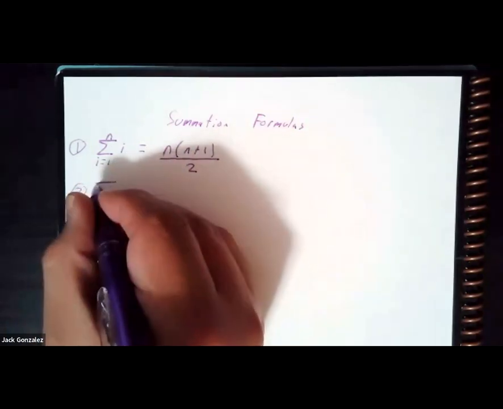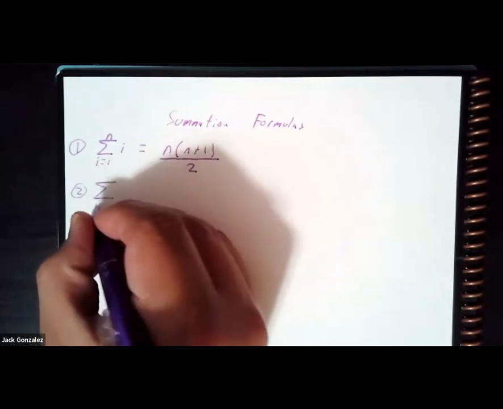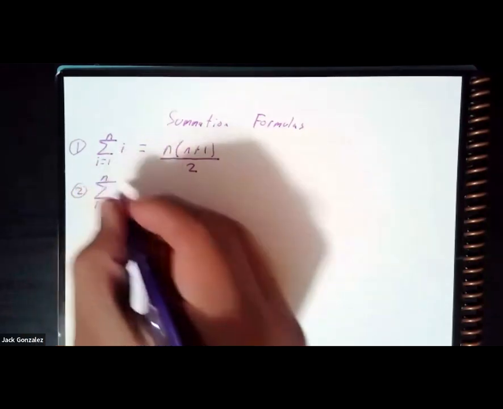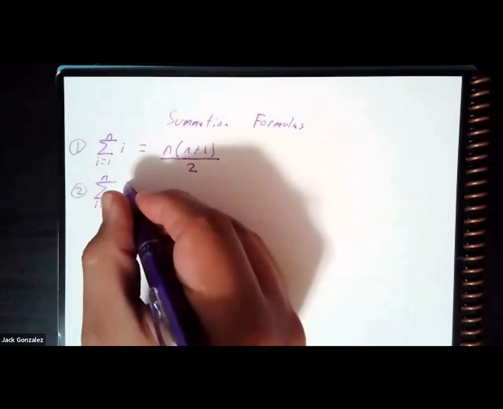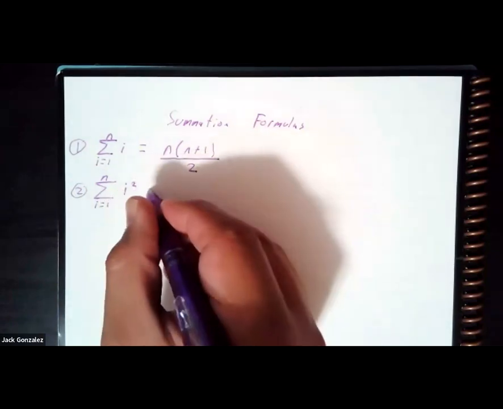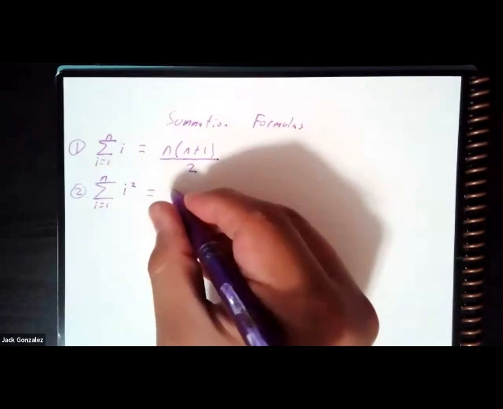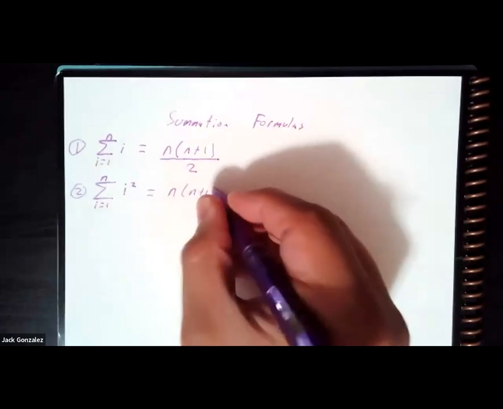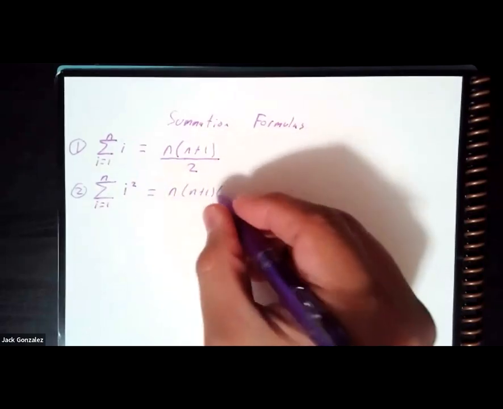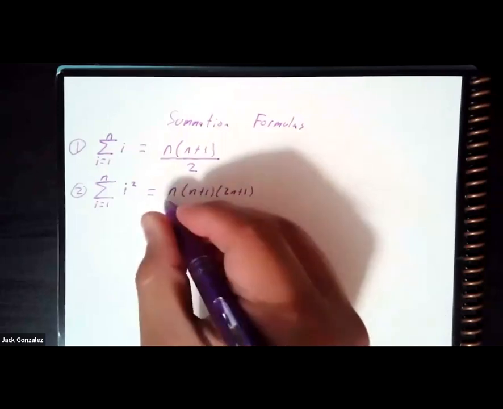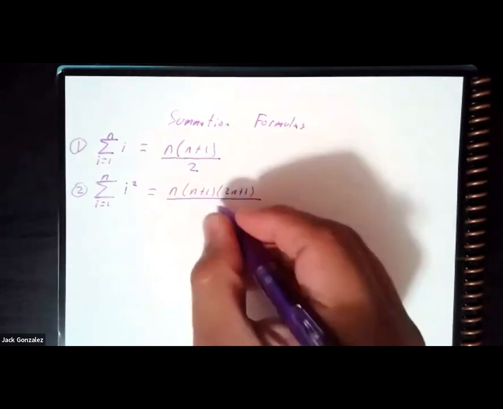Now if you are doing a sum of squares, then the formula will be n times n plus 1 times 2n plus 1, over 6.